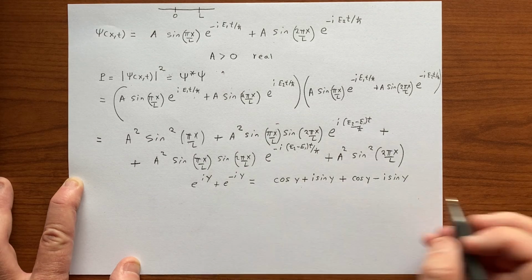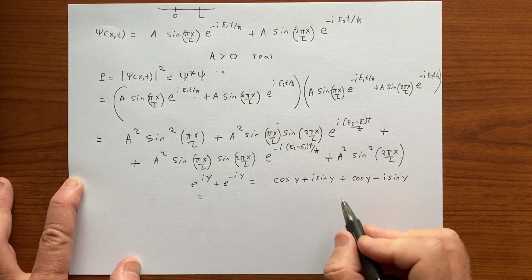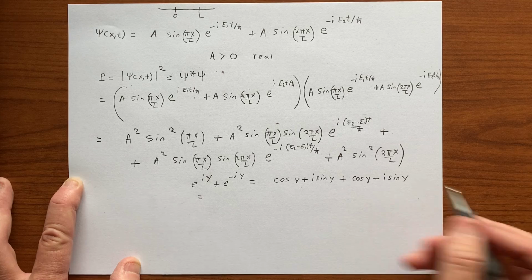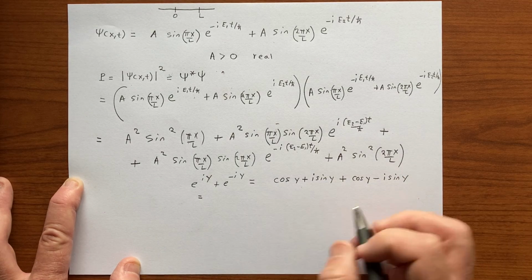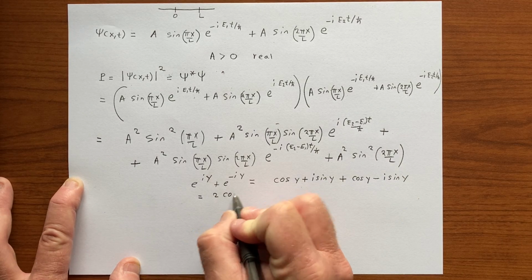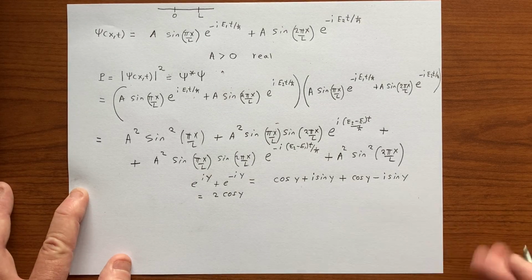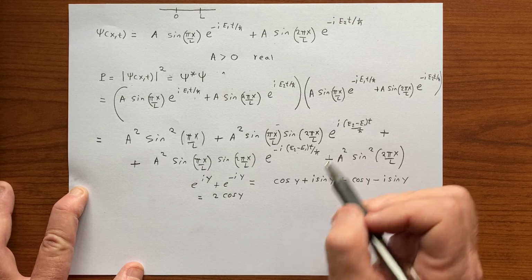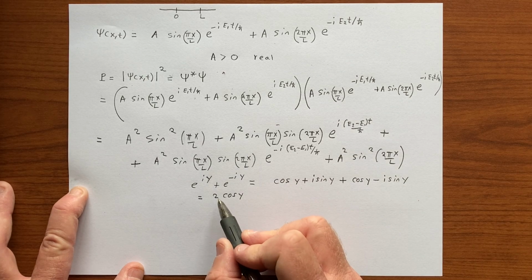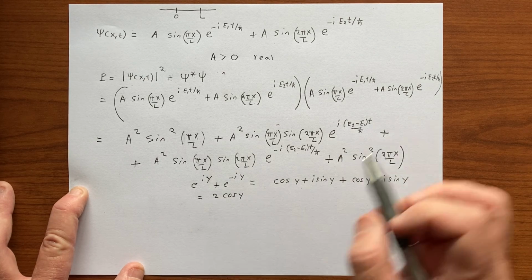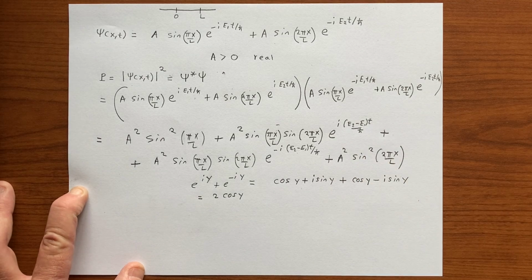This whole thing is this, and we are canceling the sine terms. We get rid of the imaginary part, so we just get twice the cosine of y. And so what we ultimately get is twice the cosine of (E2 minus E1) t over h bar.